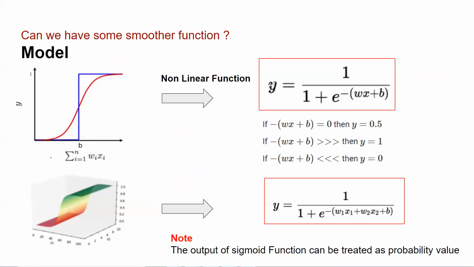Now tell me, when will this y become equal to 0? When x is too small. Yes. Too small means when we will have a negative value of wx plus b.